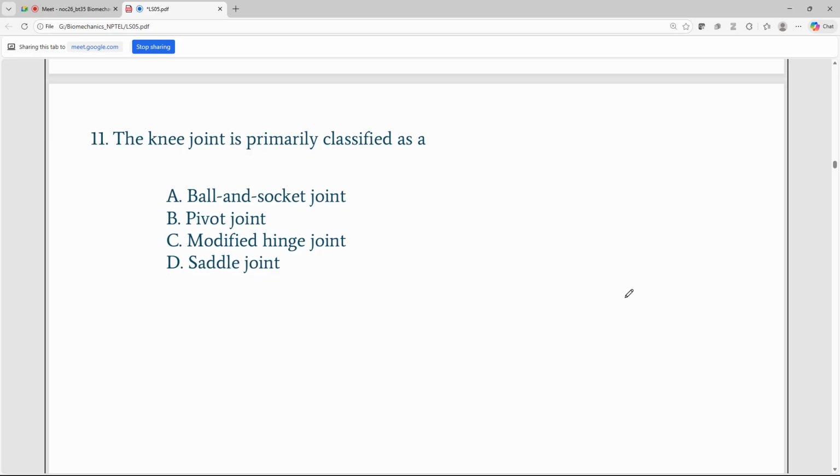Next question. The knee joint is primarily classified as which of the following joints? Options are option A, ball and socket joint, option B, pivot joint, option C, modified hinge joint, option D, saddle joint.